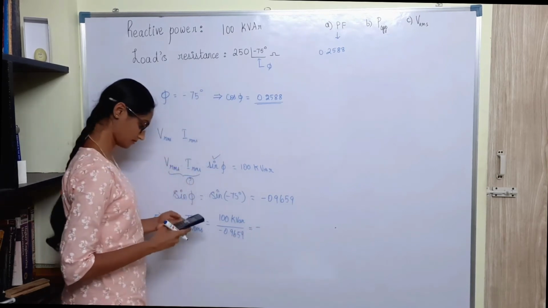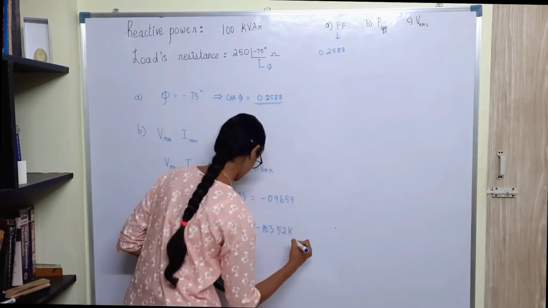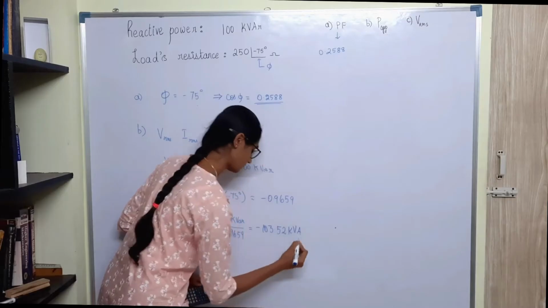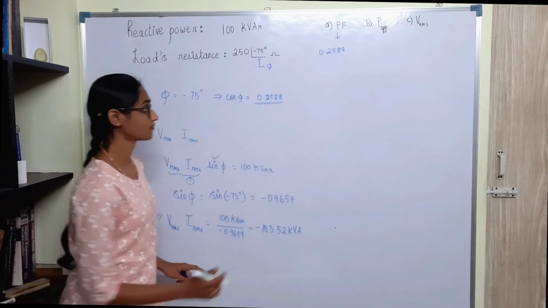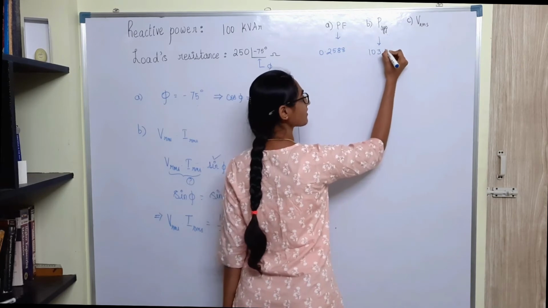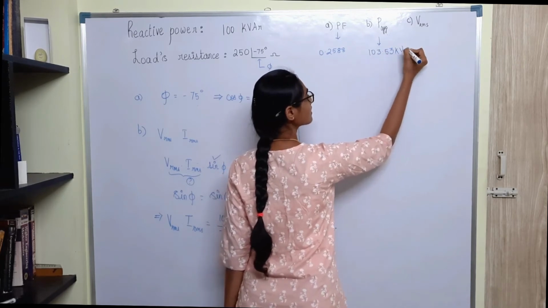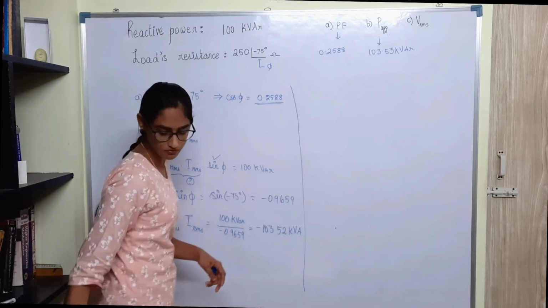This will be, this is the value of the apparent power, 103.53 kVA.